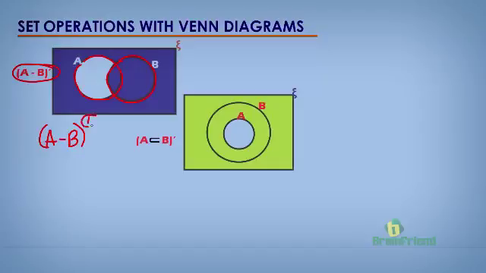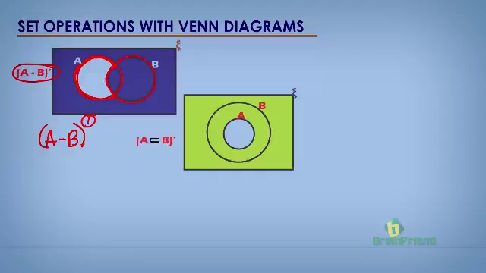But what we seek, or what is the area under consideration here, is the complement of A minus B. So A minus B is all of our portion here, and we're looking for the complement of A minus B.